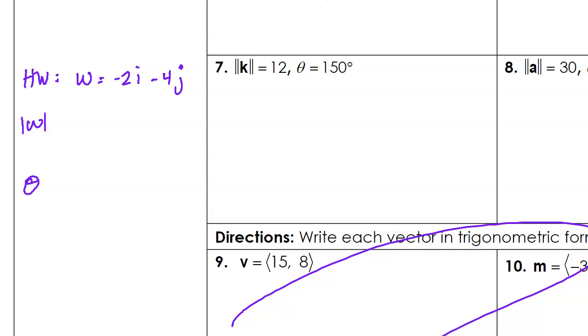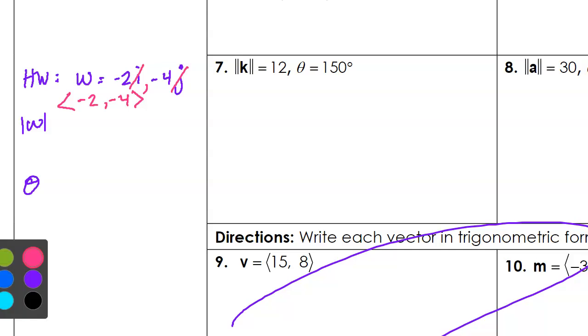Yes, exactly. We need to put this in component form, which is what I showed you earlier, but backwards. So we know how to put it in terms of i and j. To get it out in terms of i and j is just as easy. What you do is you ignore the i and the j, and you put a comma between them. So here, this in component form is negative 2, comma, negative 4, with, of course, our arrow brackets on either side.